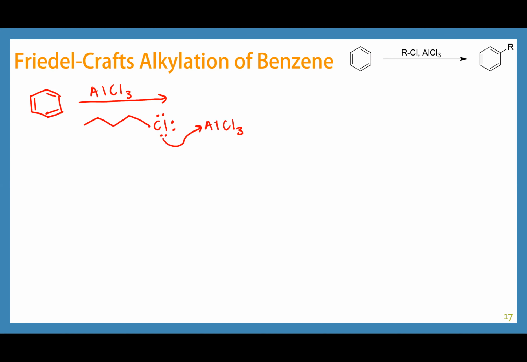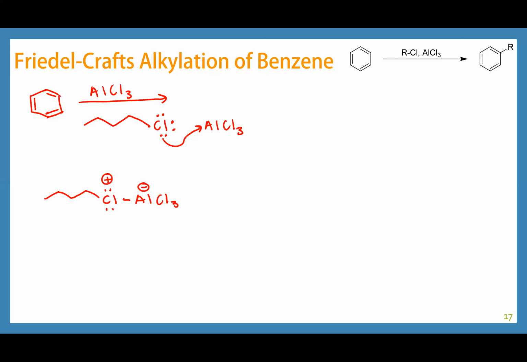So the first thing that we're going to see is a Lewis acid, Lewis base interaction. We have a ton of electron density on this chlorine atom, and we have a partial positive on aluminum, partial negatives on all of these chlorine atoms. So we end up with a Lewis acid, Lewis base interaction. And that gives us this kind of weird complex that actually has a negative charge on aluminum and a positive charge on chlorine.